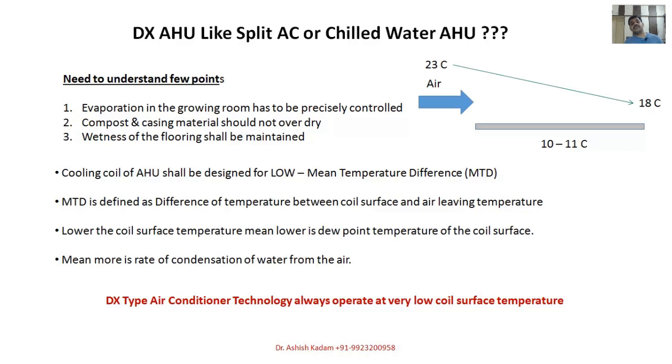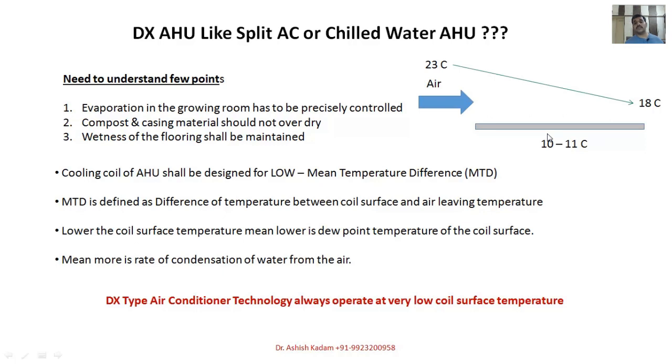But when you are using the DX type technology, then refrigerant temperature in the coil is not constant. When you are starting the machine, for that particular period of time, your evaporation pressure will go down, and naturally with that your suction pressure will also go down. Sometimes your refrigerant charge is very low in your system. If it is not properly balanced, then again your coil will work at a reduced suction pressure.